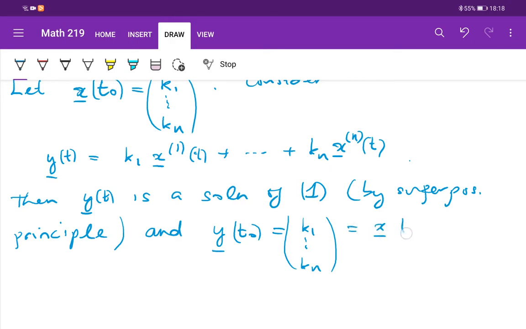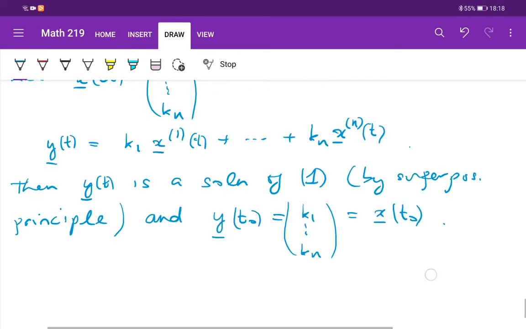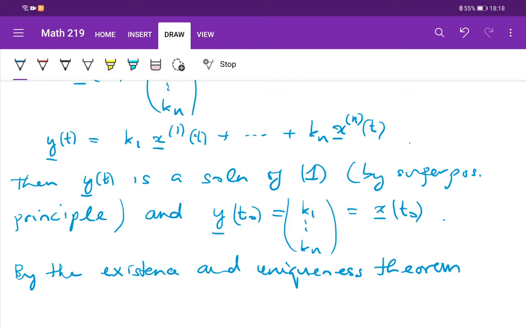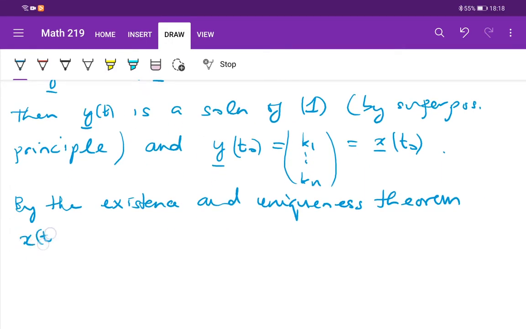So x and y are both solutions of an initial value problem, hence they must be the same by the existence and uniqueness theorem. x(t) equals y(t) for all t, which equals c1 x1 plus ... plus cn xn for all t.